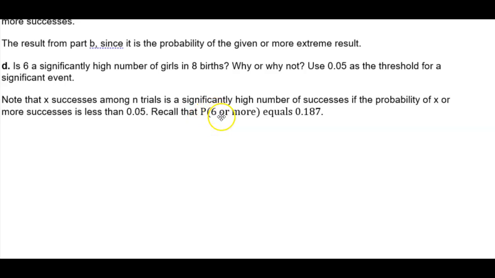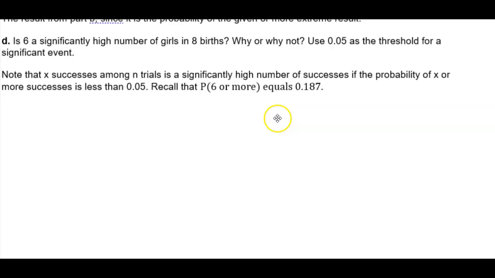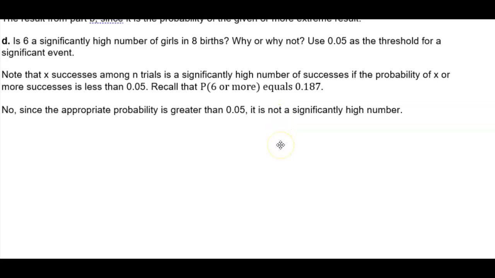Recall that the probability that we got for 6 or more equals 0.187. Therefore, we would say no, since the appropriate probability, which is 0.187, is greater than 0.05. It is not a significantly high number.